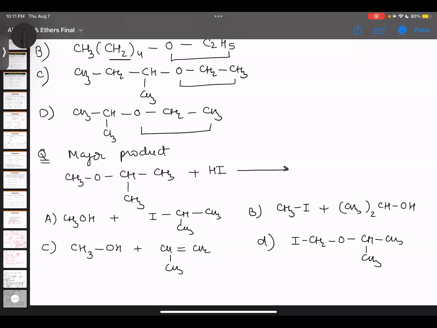Very simple. You need to know the mechanism. As you can see here, there is no tertiary group which can form a stable cation, or no resonance stabilized group which can form a cation.